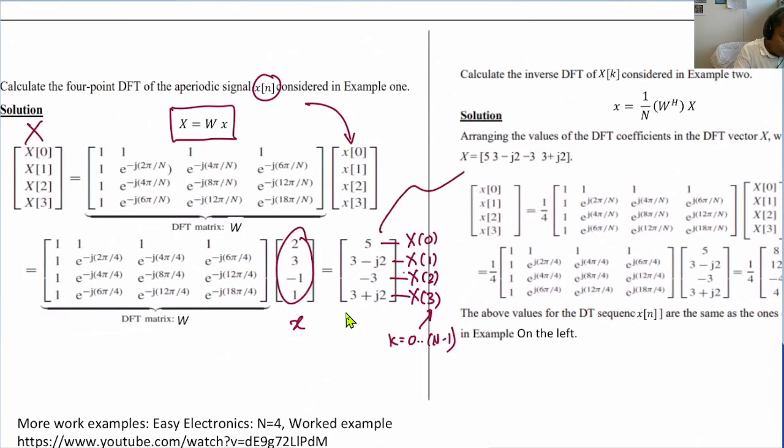Well, we use the same coefficients we found, and now we ask you to find x[n].